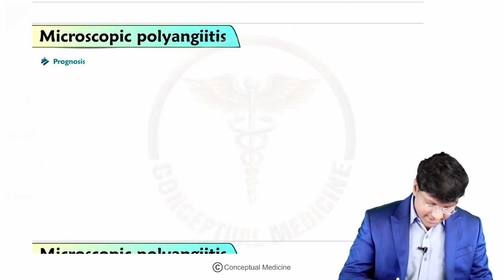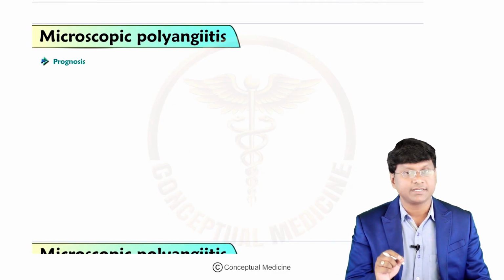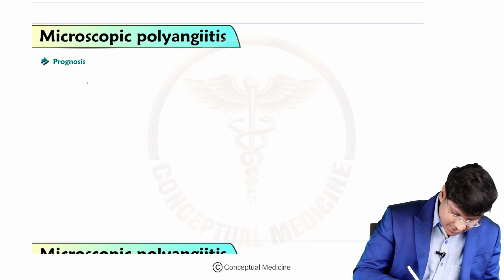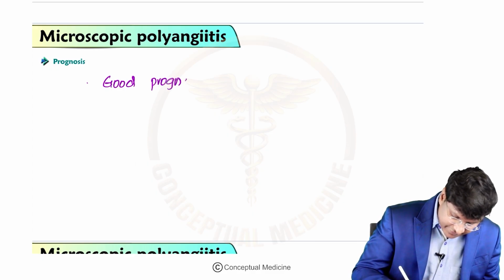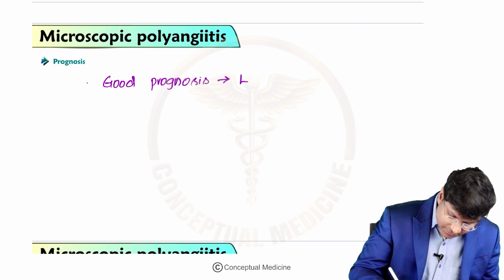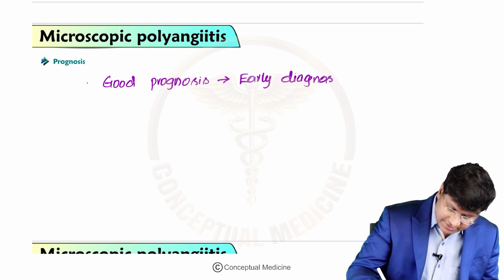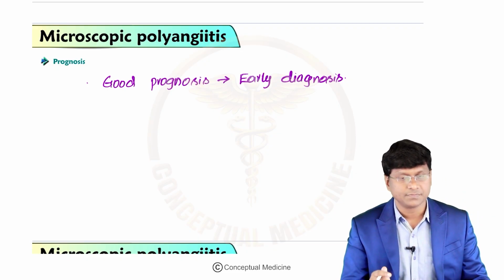And if you see the prognosis, the key to good outcomes is early diagnosis. If you want to have a good outcome, early diagnosis is very much required in patients with microscopic polyangiitis.